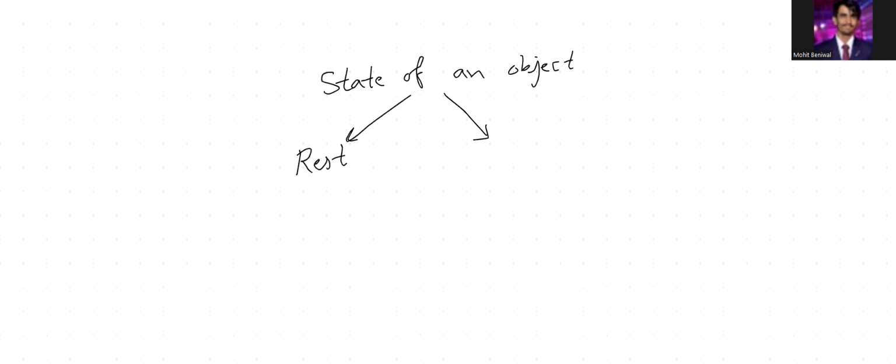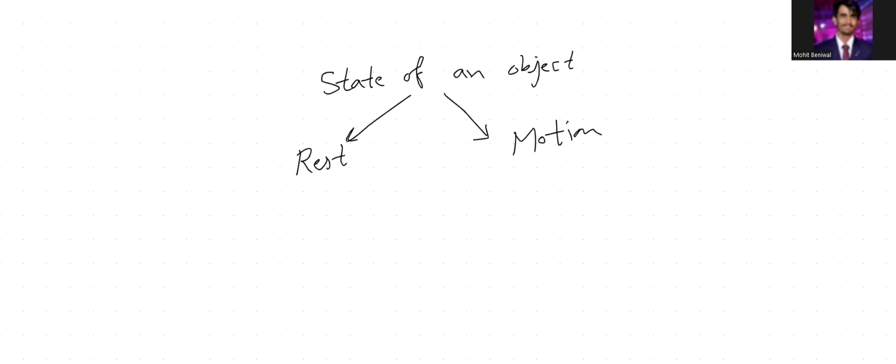So many times I have come across students who are so confused about the state of an object. What mistake do students generally make? We know the state of an object may be two: either it is at rest or it is in motion.